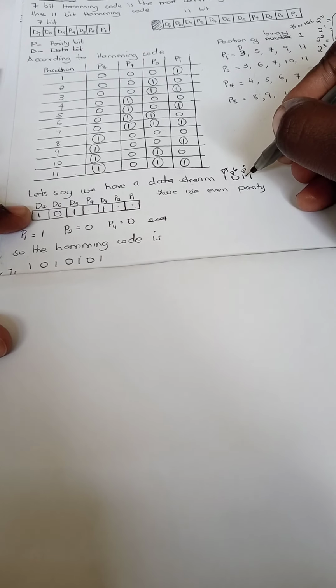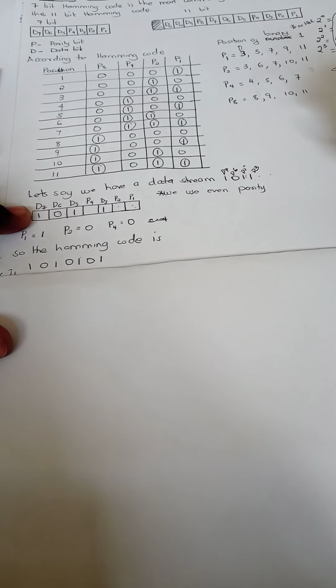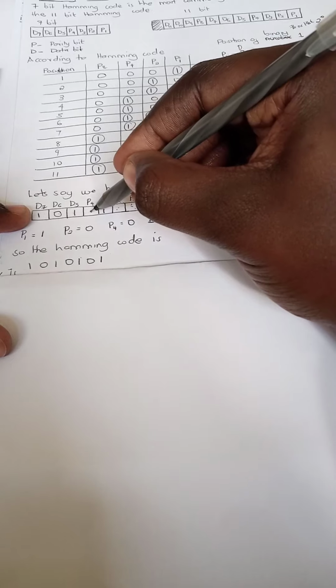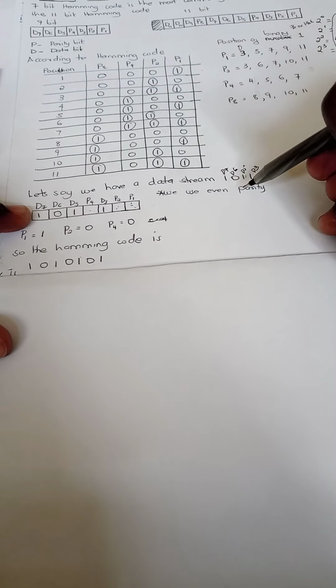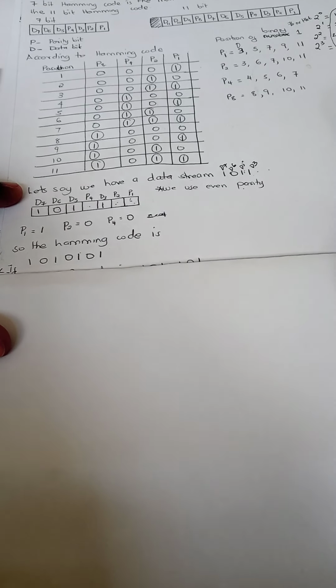So parity bit 4 will be there, then 2 and 1. So parity 1, parity 2, and parity 4, because we are using the 7-bit. We are using even parity. With even parity, you will ensure that all the ones add up to an even value.